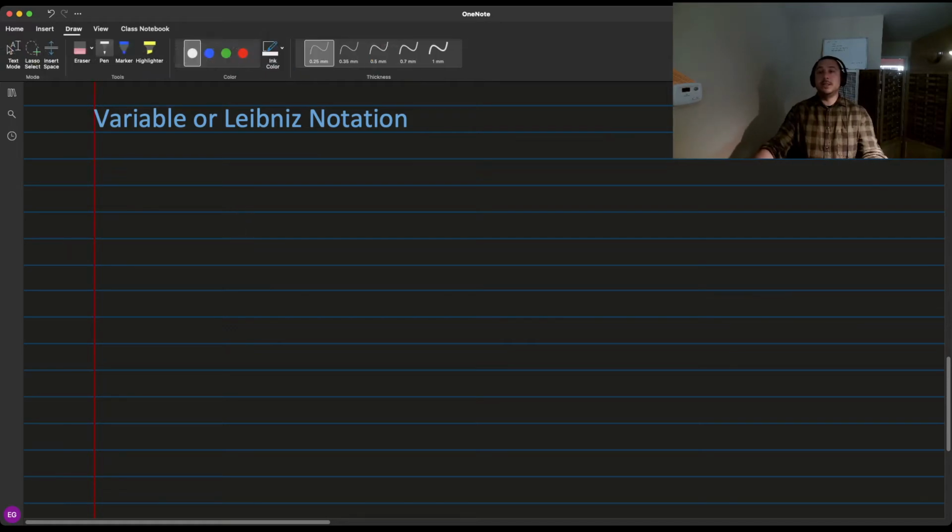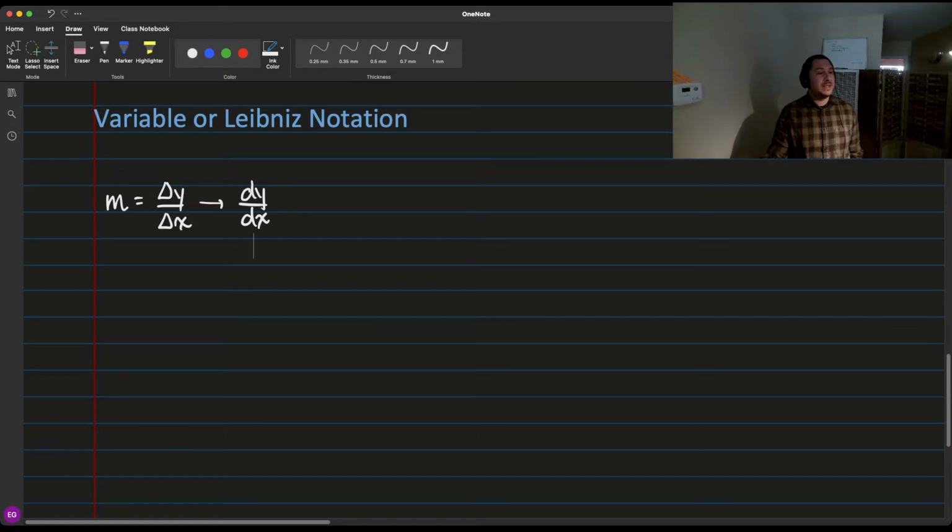His notation is inspired by the fact that the slope of a line is the change in y over change in x, which is why we call the derivative dy over dx, because the derivative is basically the slope of a tangent line.